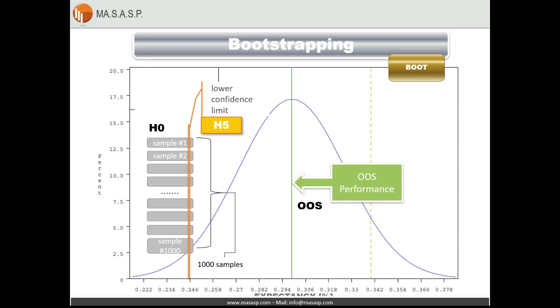That is the mean value of the distribution. The possible performance downgrade then is given by the difference between the point estimate, the green line, and the lower confidence limit, the orange line.